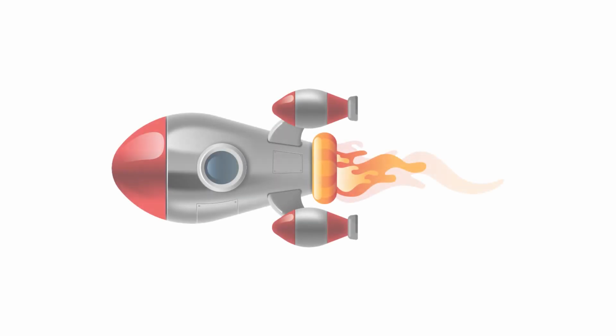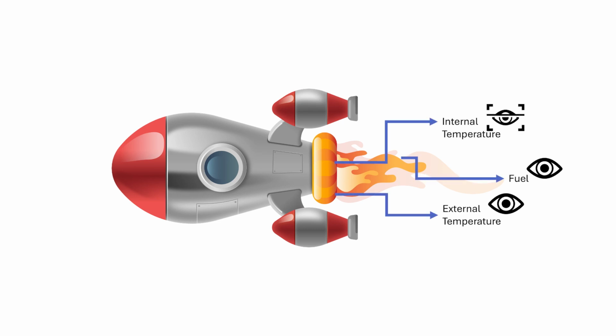And you do not have access to this variable. It's too hot inside the rocket to know its exact internal temperature. But you know other things that are related, so how much fuel you're wasting at each moment, the external temperature, and you also know the physics that relate all of these variables. So you can use a filtering approach in this case.